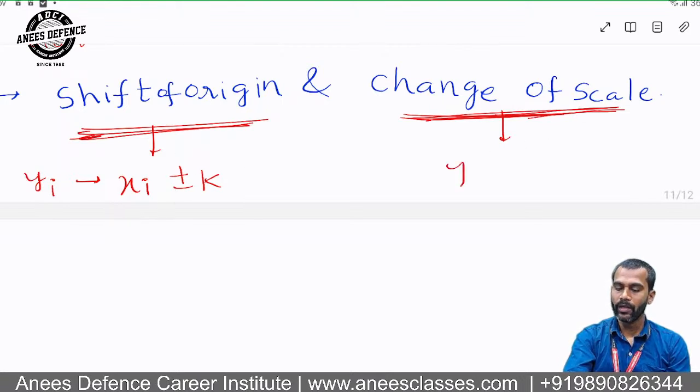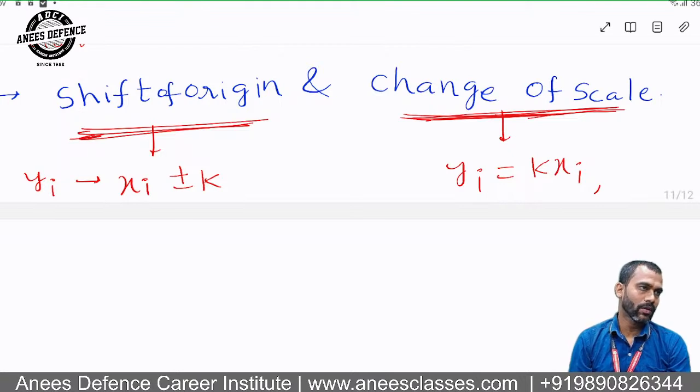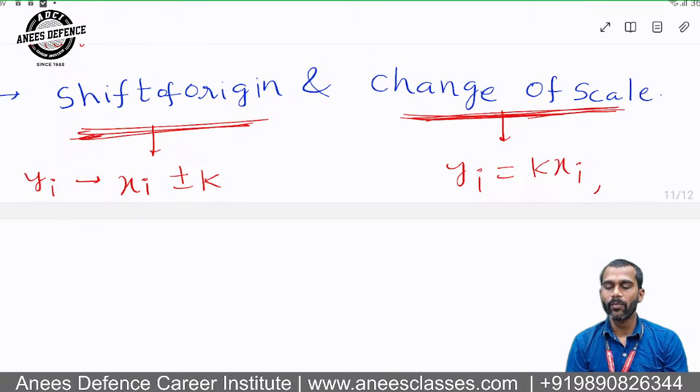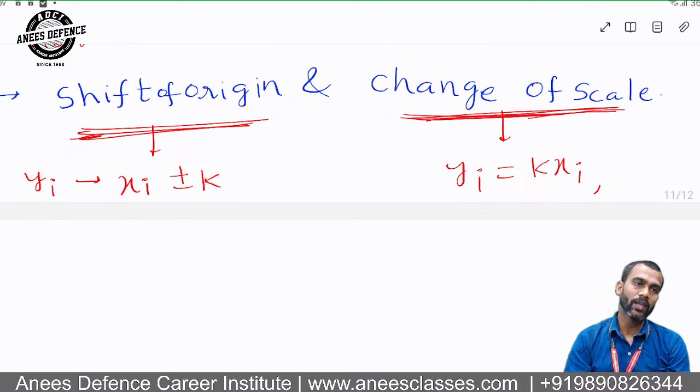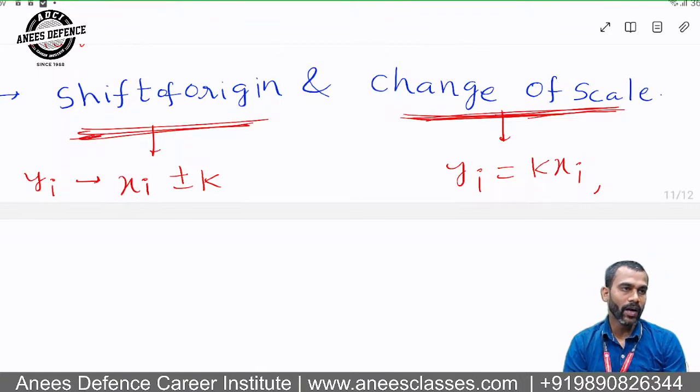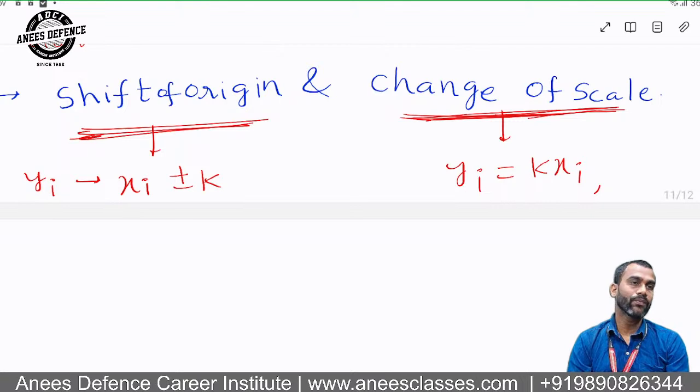And if you multiply or divide by k into xi, k can be any fraction or integer, so this will cover multiplication and division both. In fact, I can write only xi plus k, and k can be negative as well. So if you multiply or divide each and every observation by some scalar, that is called change of scale. If you add or subtract, then it is called shift of origin.